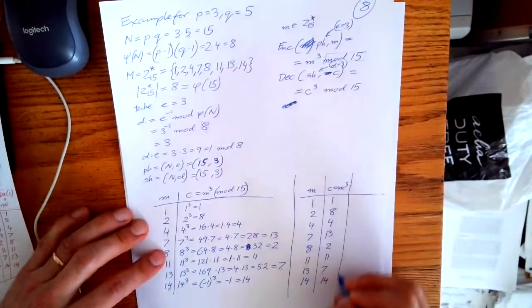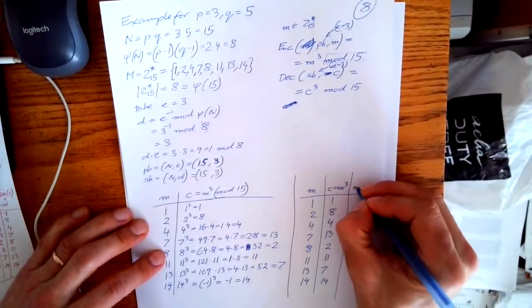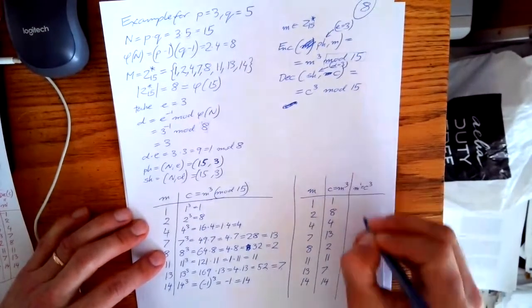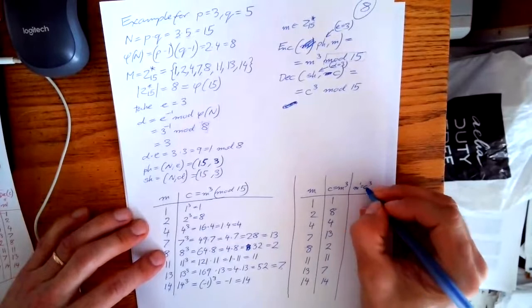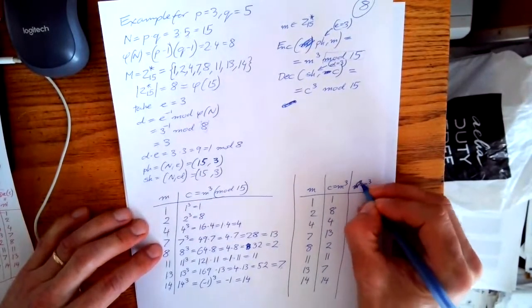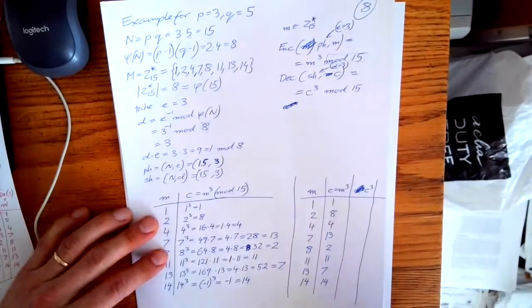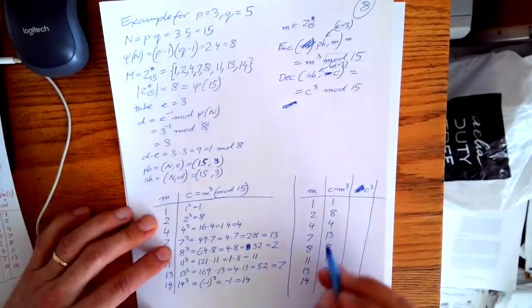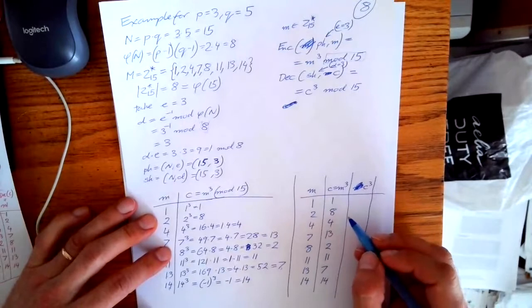So what do you think the decryption is now? M prime is C cubed. Well, it's the same function.